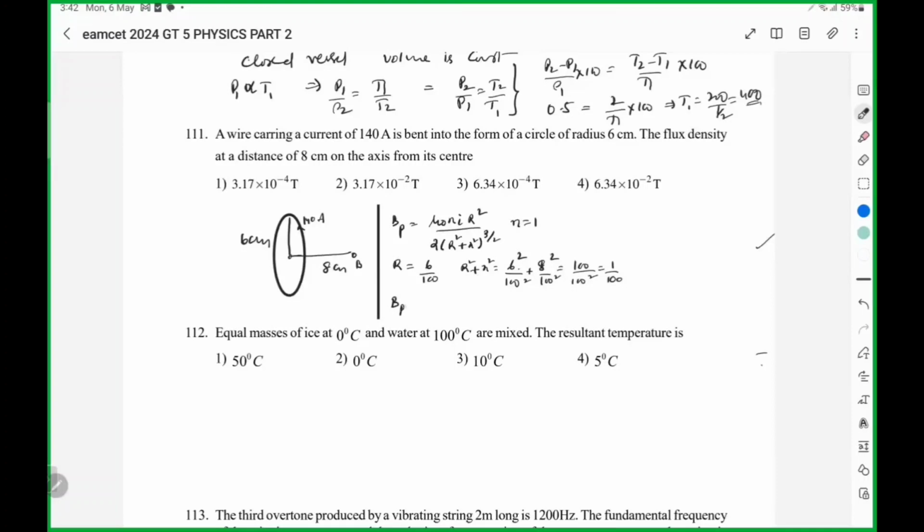So this is a magnetic field in 4 pi into 10 power minus 7. N is 1, 140, R square is 36 by 10 power 4. 2 times R square plus X square is 1 by 100. So 1 by 100, 10 square gets cancelled, 1 by 10 cube. So 10 cube gets cancelled, 10 power 4. 2 pi into 10 power minus 7, 140 into 36 by 10.